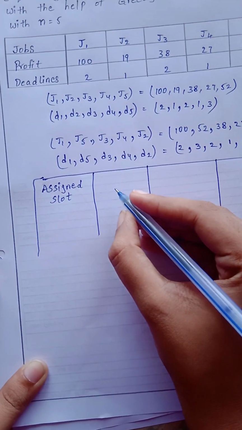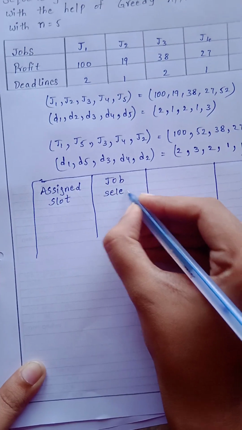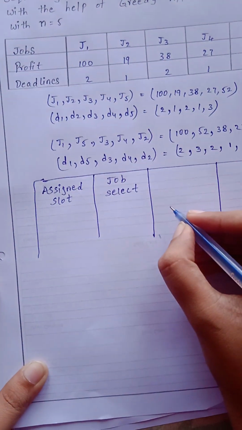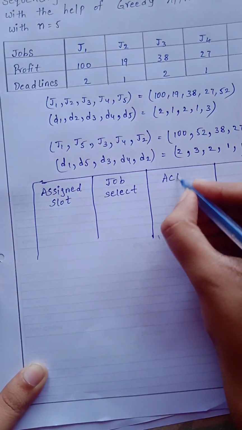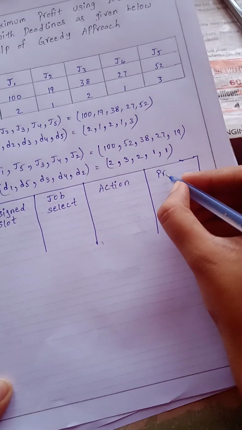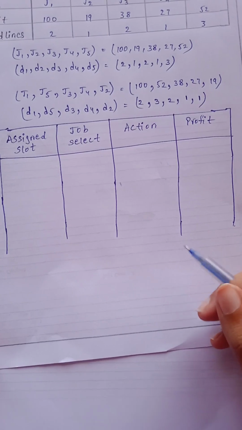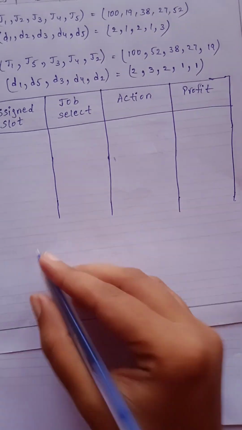The second column is job selected. The next column is action. And the last column is profit. Initially there is no slot allocated, so we write none.